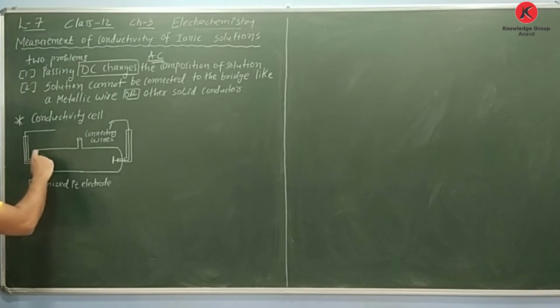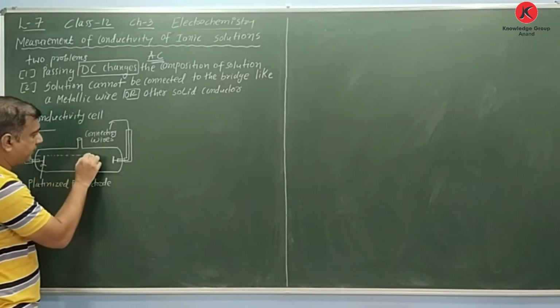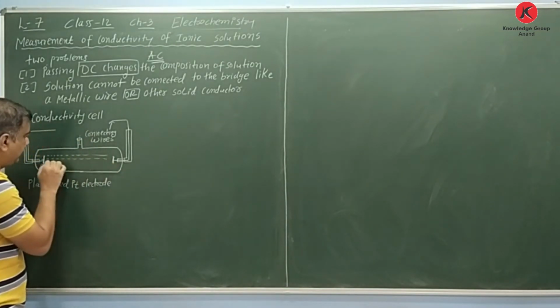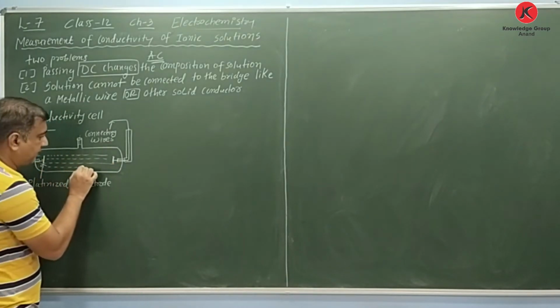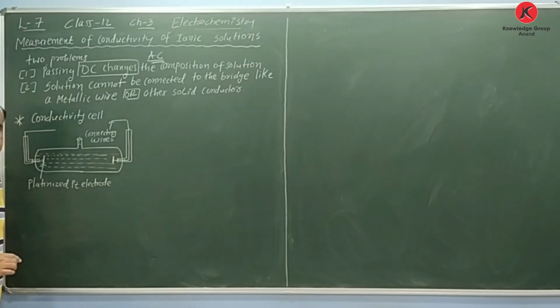This is one type of tube in which the electrolyte is filled from here. That means the electrolyte solution whose conductivity is to be measured is filled in here. Now this contains two electrodes. This is one electrode and this is the second one.